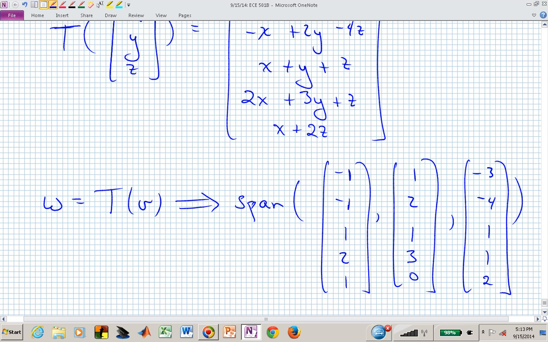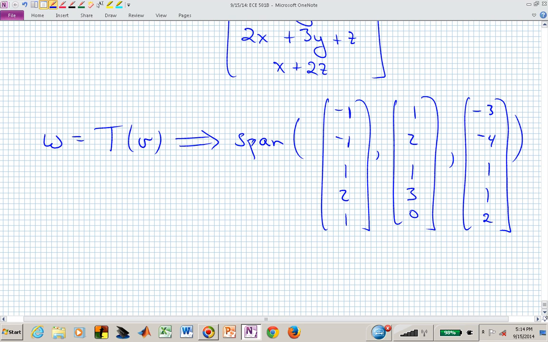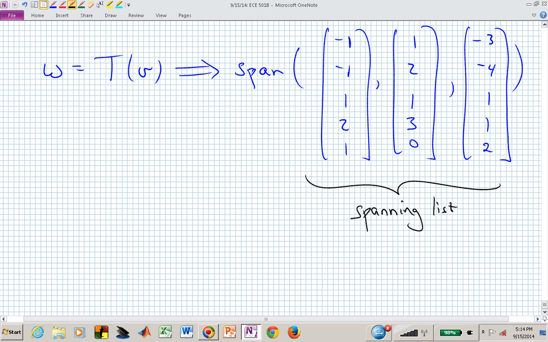So is this going to be a basis for the subspace? We're not going to have time to show this, but this is now a spanning list, isn't it? But is it minimal?